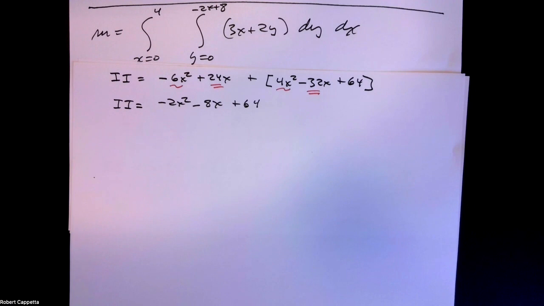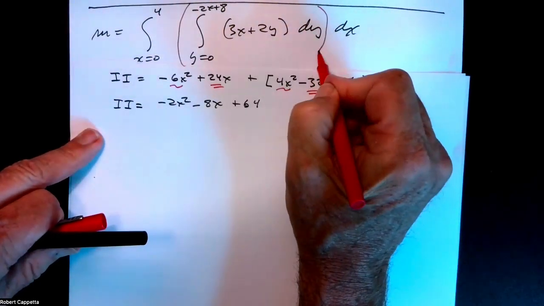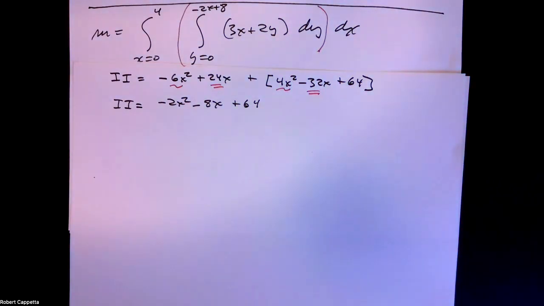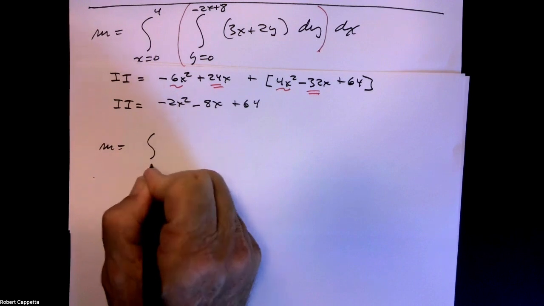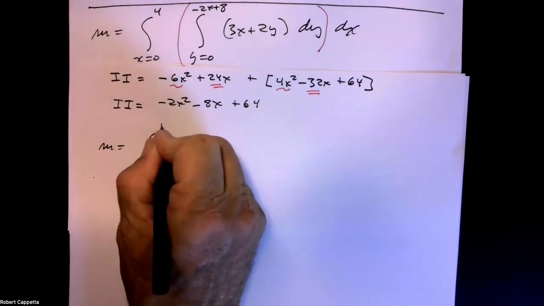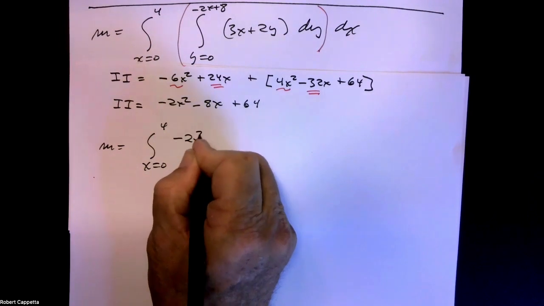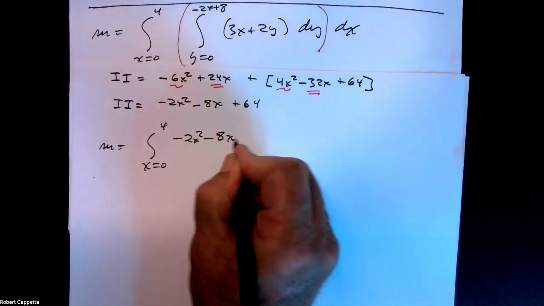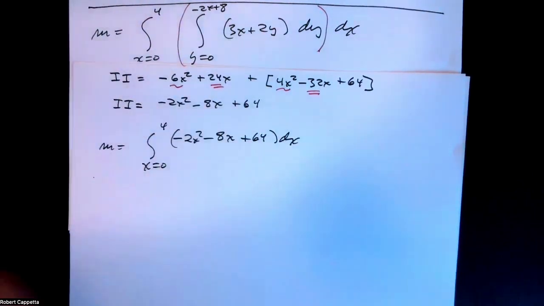This was our question, so we'll replace that middle part with our inner integral so that our mass becomes the integral as x goes from 0 to 4 of negative 2x squared minus 8x plus 64 dx.